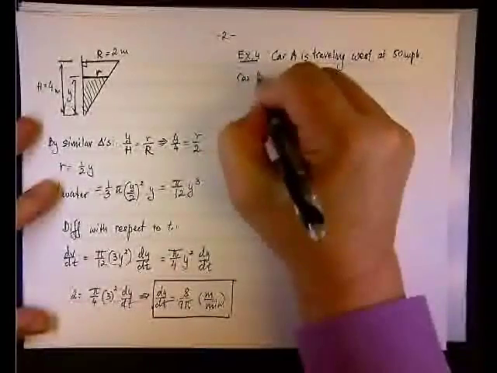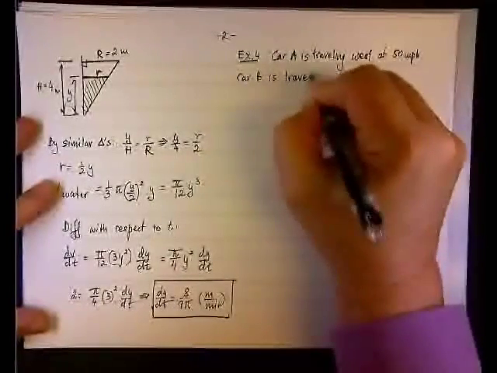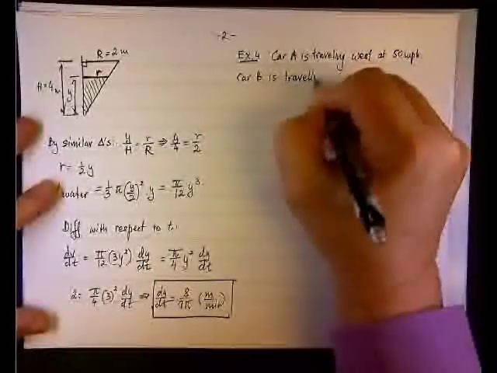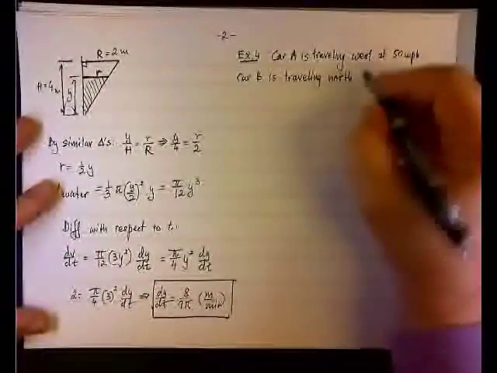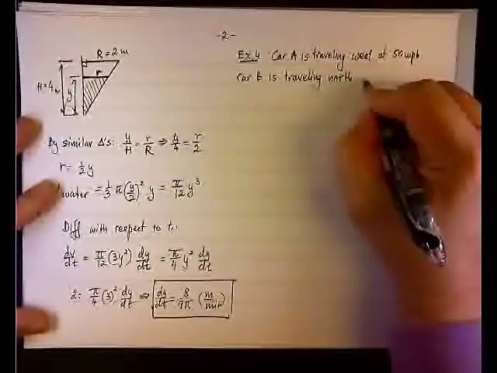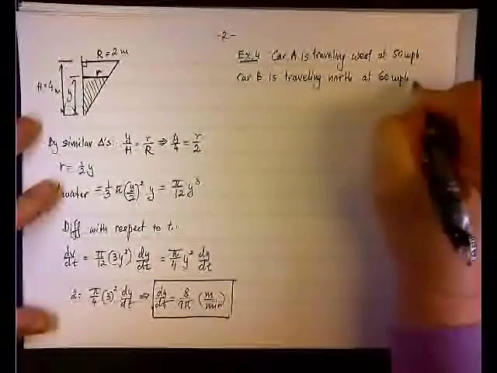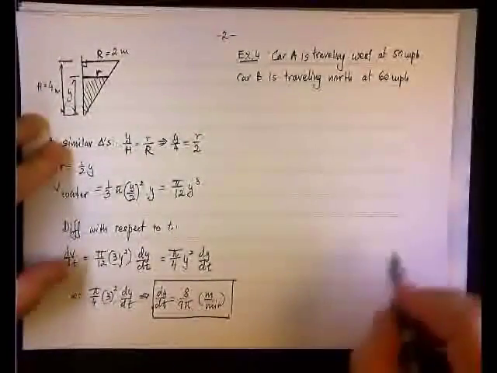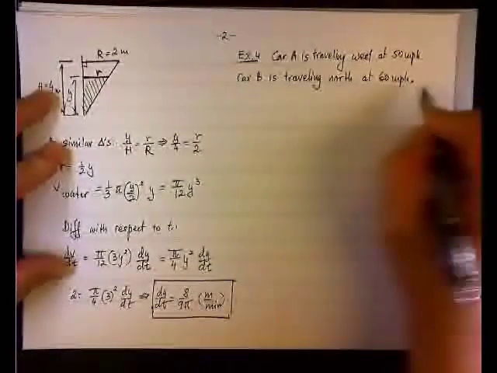Car B is traveling north at 60 miles per hour. Both cars are headed for the intersection of the two roads.